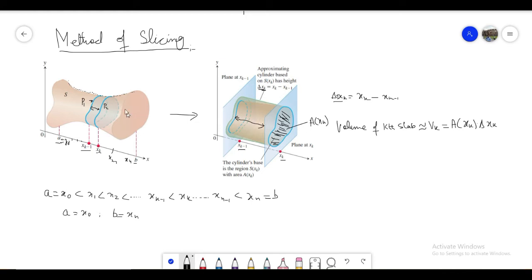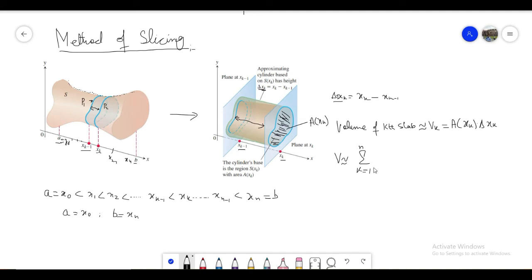But as I said, I want to compute the volume of the whole solid. For this, I would say that the volume is approximately the sum with k starting from 1 to n. As I said, between A and B the interval is discretized n times.